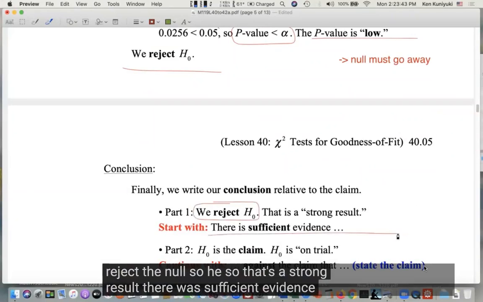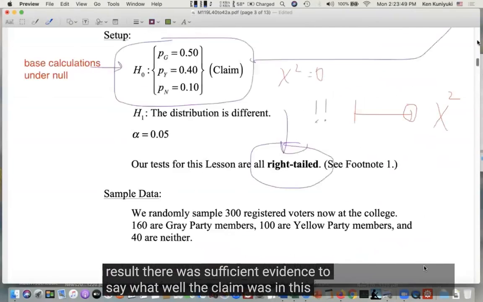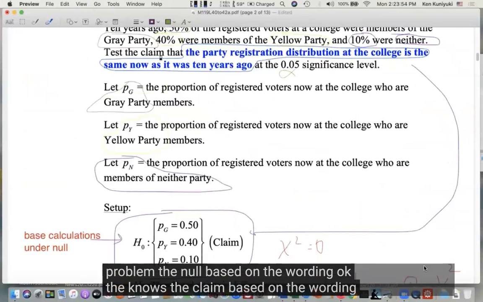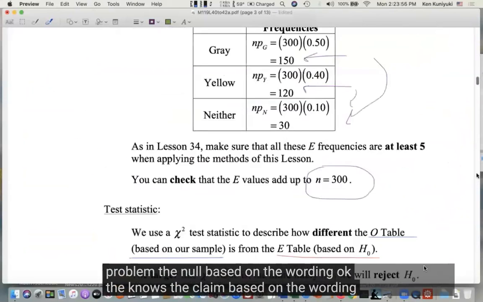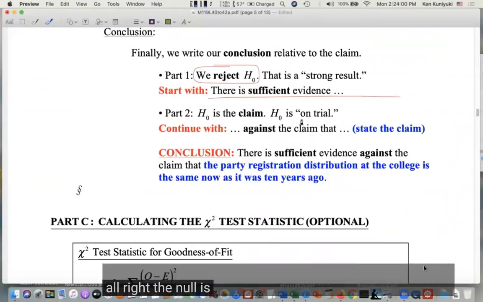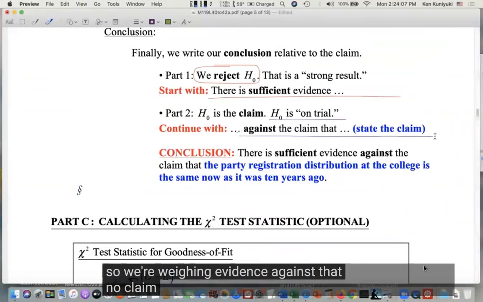There is sufficient evidence to say what? Well, the claim was, in this problem, the null, based on the wording. The null is on trial. So we're weighing evidence against that null claim.